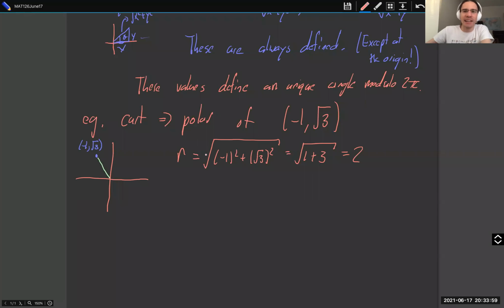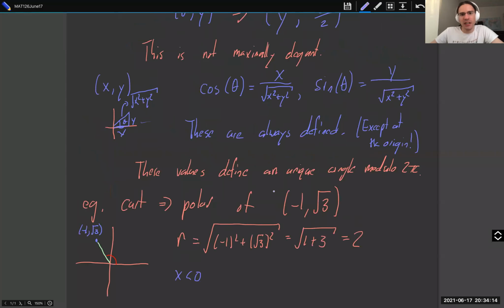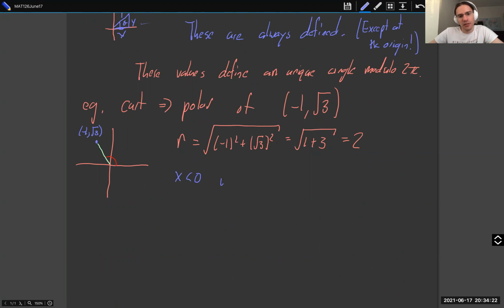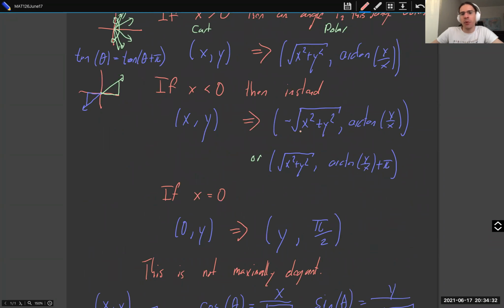Okay. Now, what about this angle? Let's say we're aiming for this angle. Now, the problem with arctan is that it's not going to give us an angle in this range. We have that x is less than 0, right? So let's use this formula: arctan of y over x plus pi. Because the radius is positive, and if we want the positive radius, then we have to use this formula.